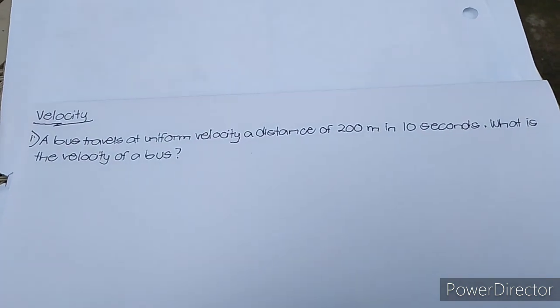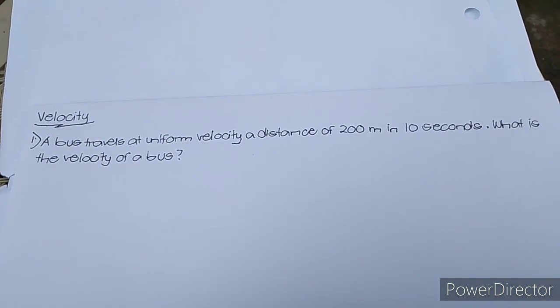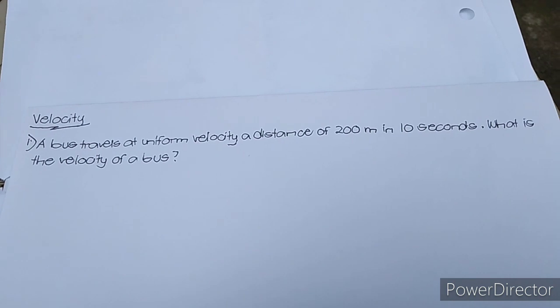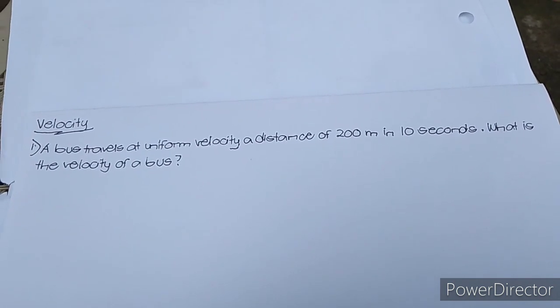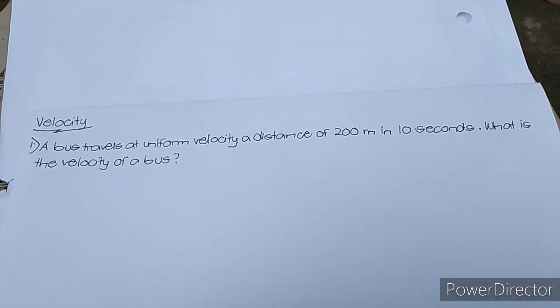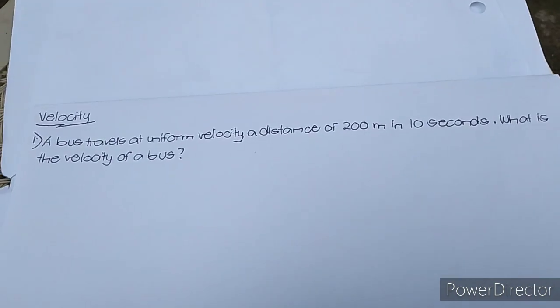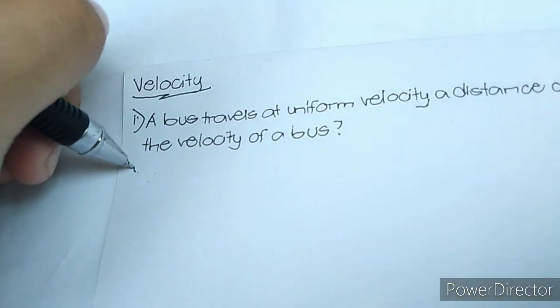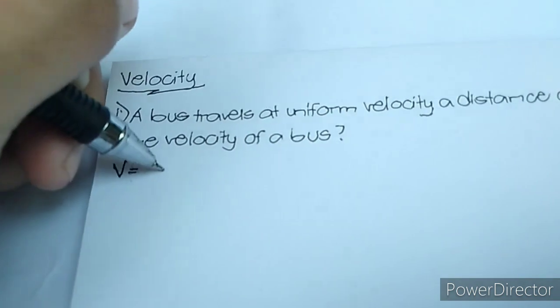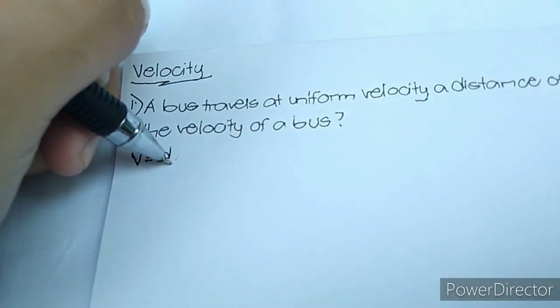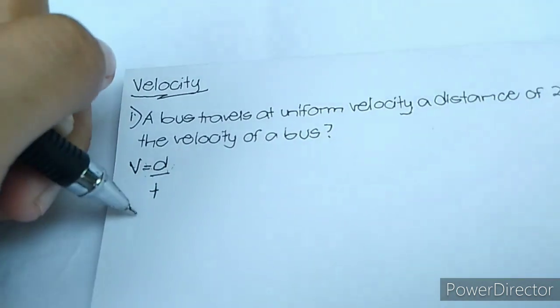Problem number 1. A bus travels at uniform velocity a distance of 200 meters in 10 seconds. What is the velocity of the bus? The formula of velocity is velocity equals distance divided by time.